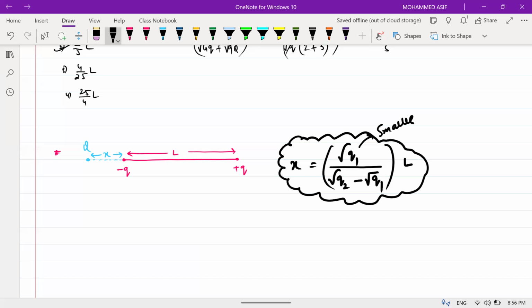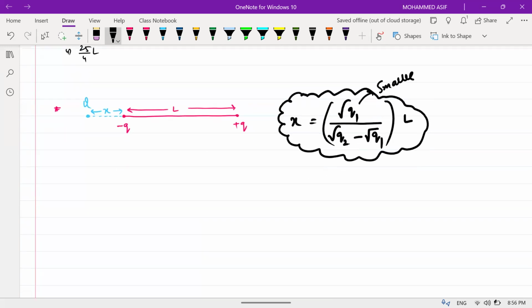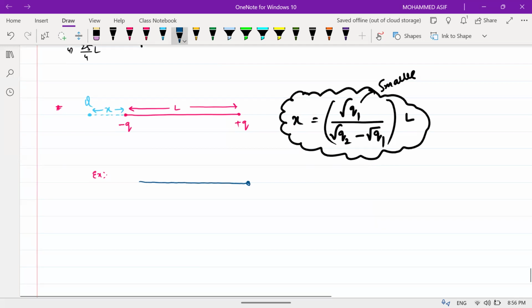Opposite charges. Let me give you an example, we'll get clarity. One is minus 9q, another one is plus q.